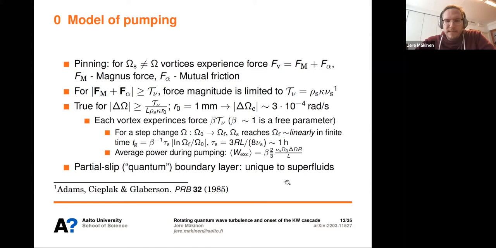This kind of behavior is unique to quantum fluids or superfluids, as the vortices are partially slipping. So there is no no-slip boundary condition. Also, there is no friction in the sense that it's not proportional to the velocity difference between the superfluid and that of the container. So this is a unique kind of boundary layer interaction for superfluids.